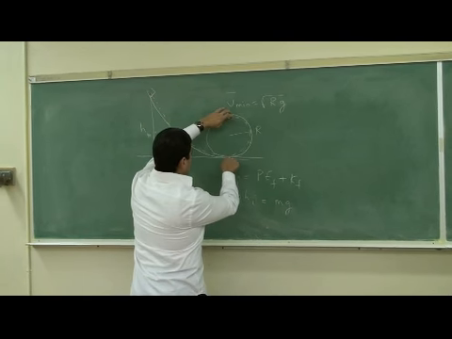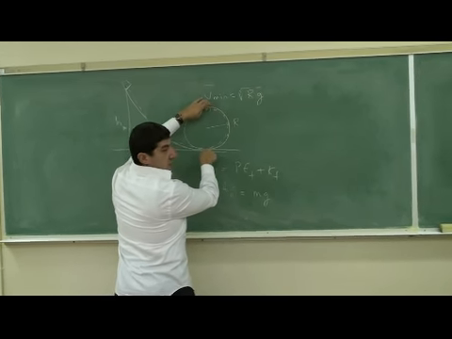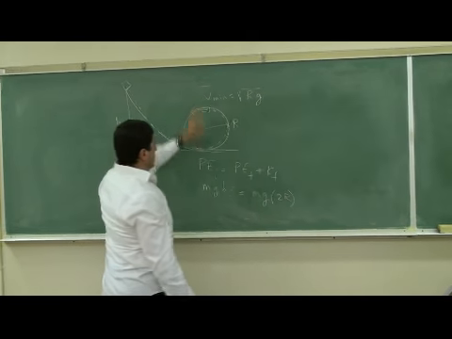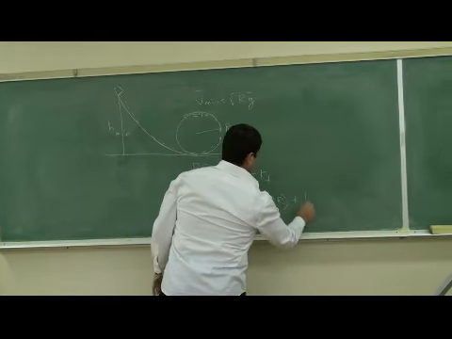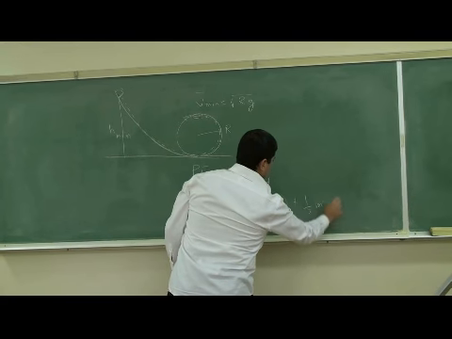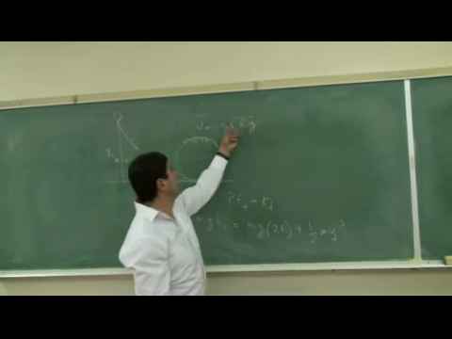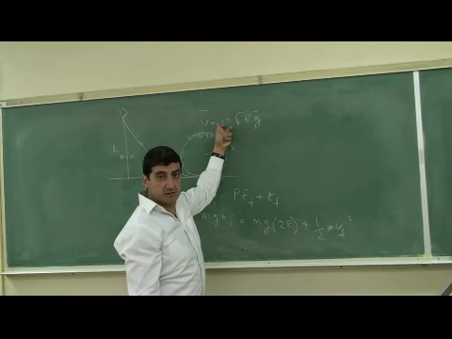The distance from here to here is twice the radius, or the diameter. And then plus the kinetic energy, half m v final squared. And then v final is the minimum velocity that it needs to have over there.